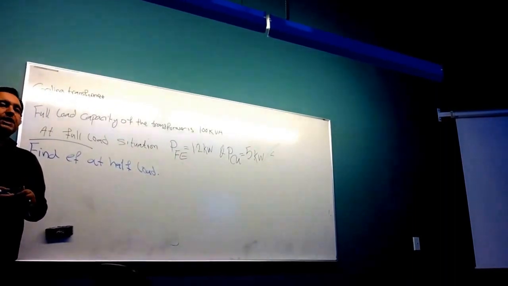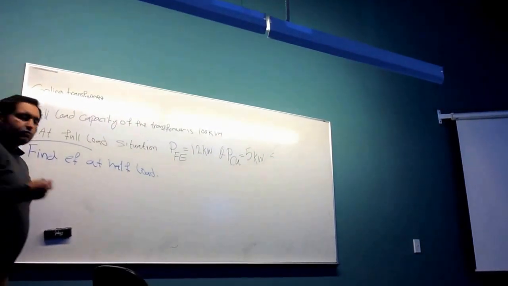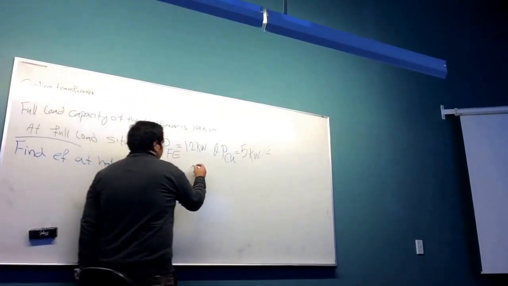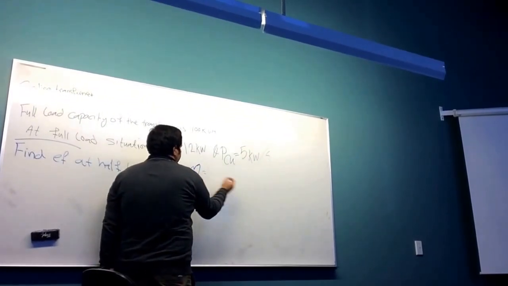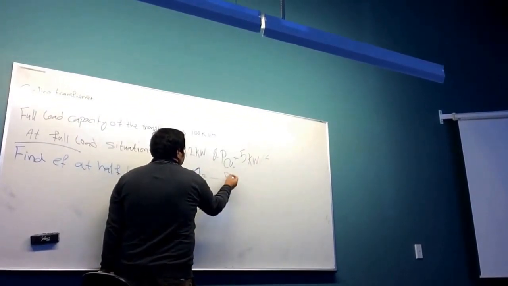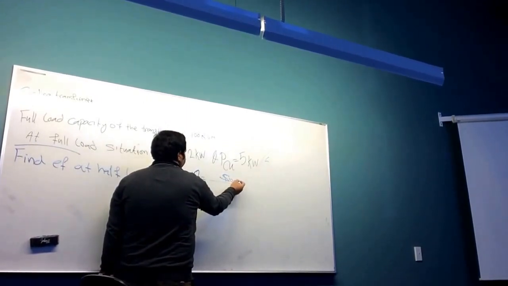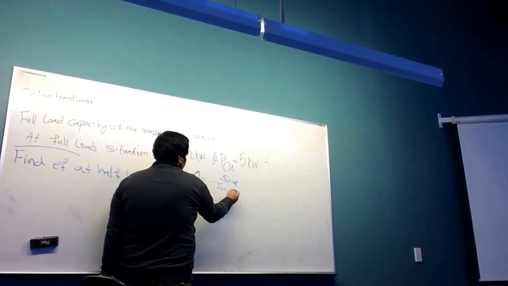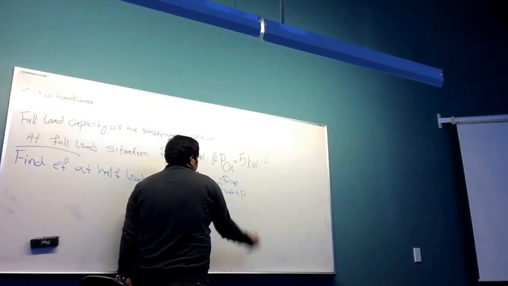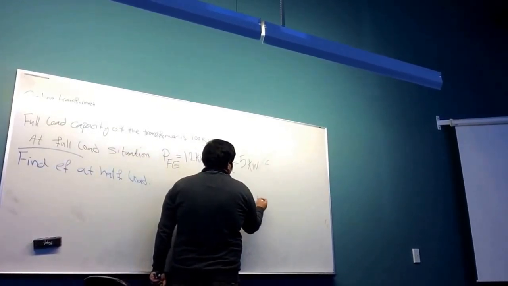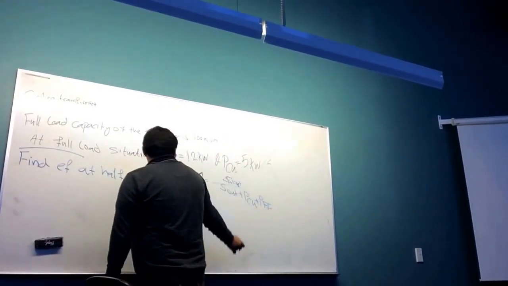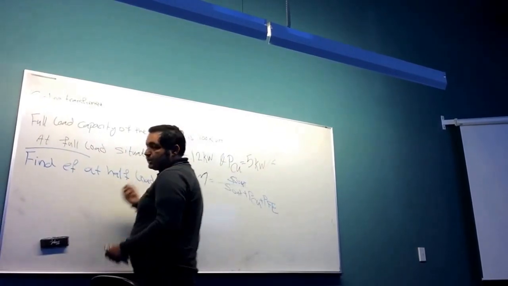Which formula do we have for efficiency? The formula that we have for efficiency is always the same formula. Efficiency equals S out over P_Cu plus P_Fe. Right? So we wanted to use that.